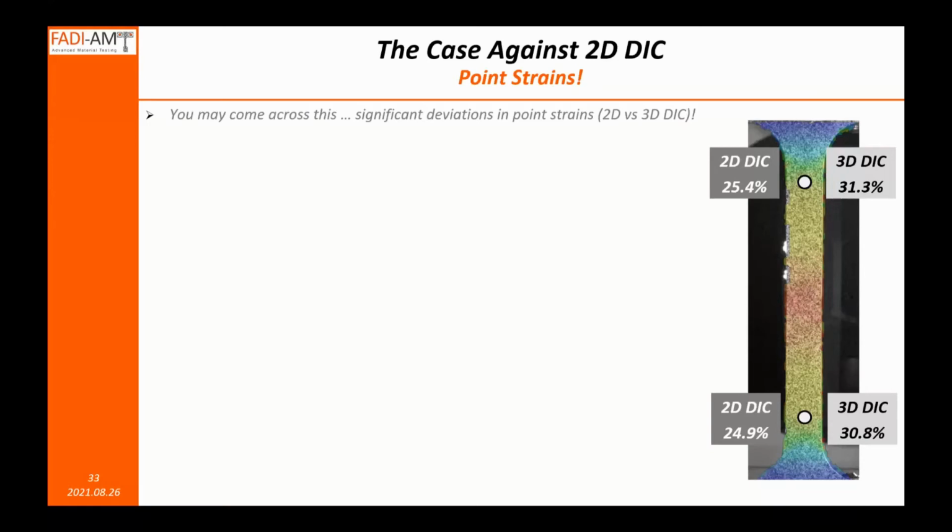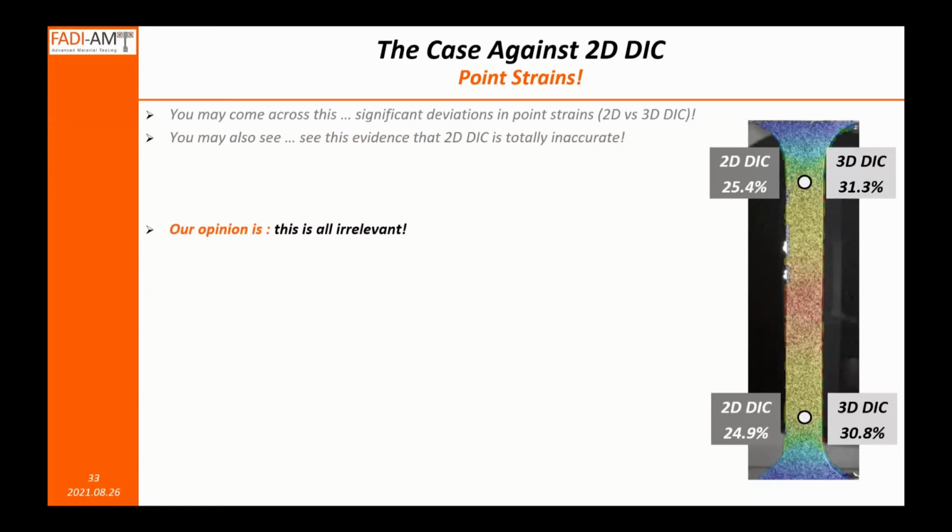And typically the error or the deviation shown is extremely high. I saw recently a deviation of about 25 for one case to about 30 to 40% in the 3D DIC. So it's a massive error. So that's a proof that 2D DIC is not good.